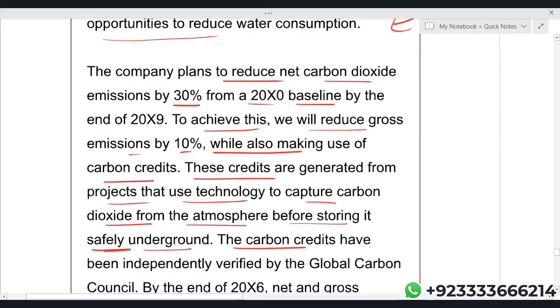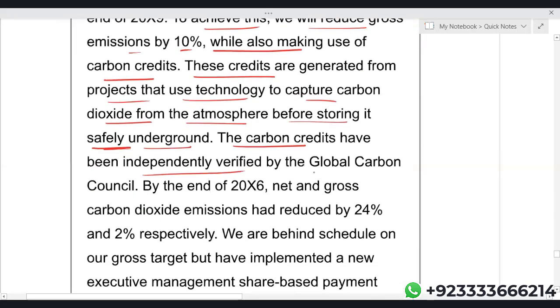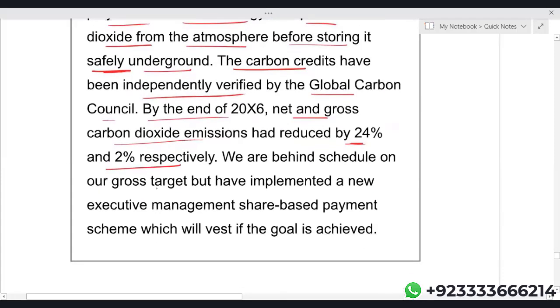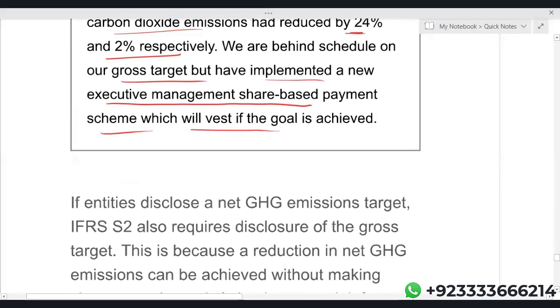Wow. The carbon credits have been independently verified by the Global Carbon Council. By the end of X6, net and gross carbon dioxide emission had reduced by 24% and 2% respectively. We are behind schedule on the gross target, but have implemented a new executive management share-based payment scheme, which will vest if the goal is achieved.